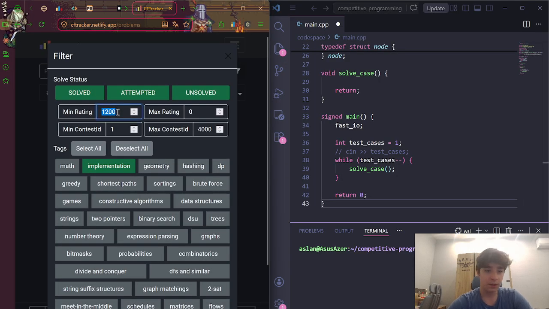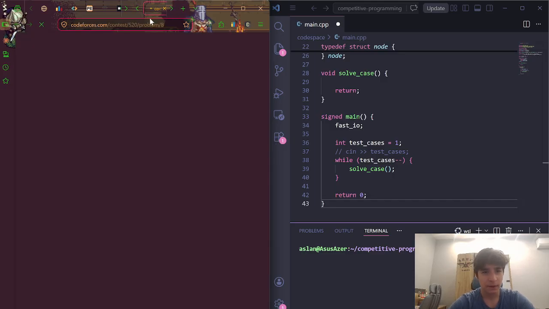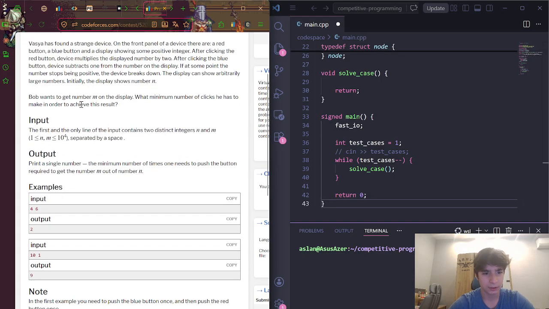So I like to do some implementation tasks, and mainly I like it to be interesting. So I remember I have solved this task, but mainly I don't remember it. So let's just do this task.